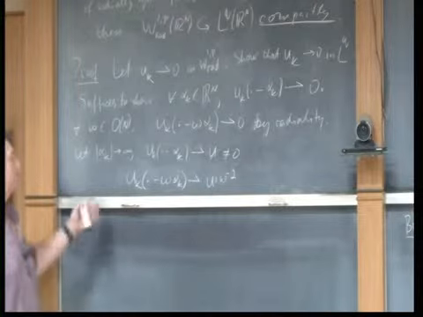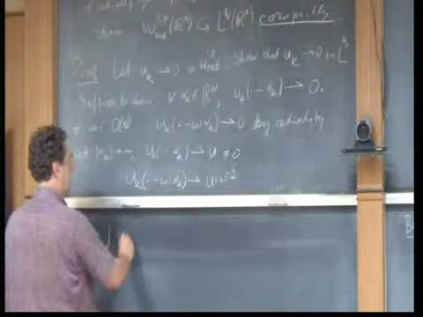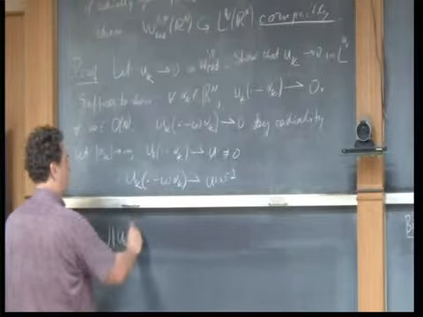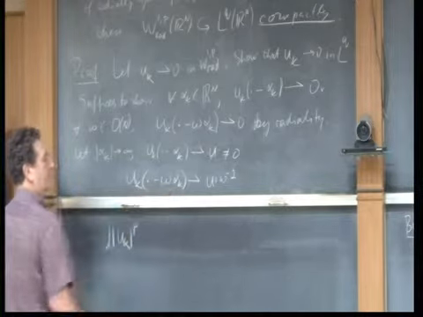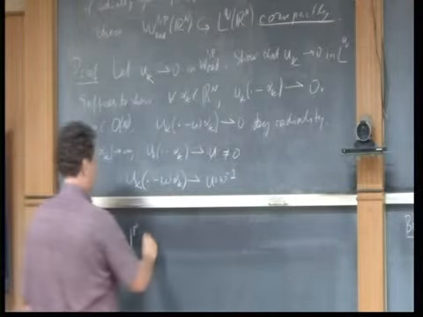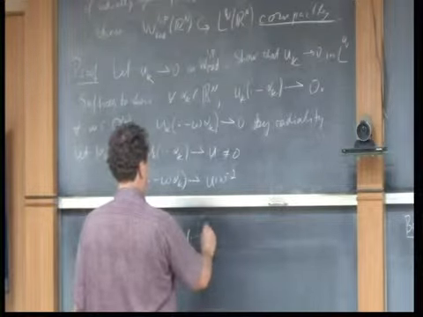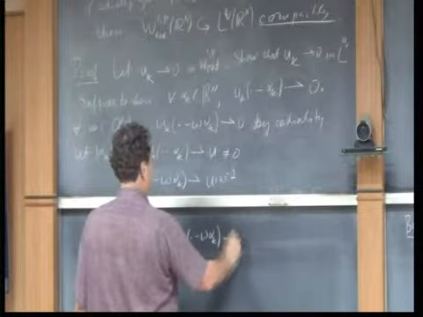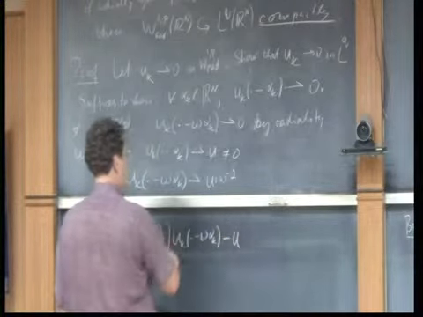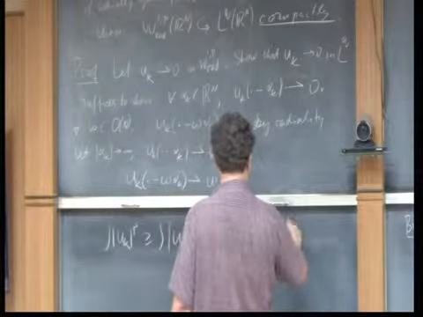So in any case, we can apply the Brézis-Lieb lemma and get that the norm of u_k to the power p, which is of course the norm of this guy as well, is greater or equal than the norm of u_k(dot minus omega alpha_k) minus u to the power p plus the norm of u to the power p.